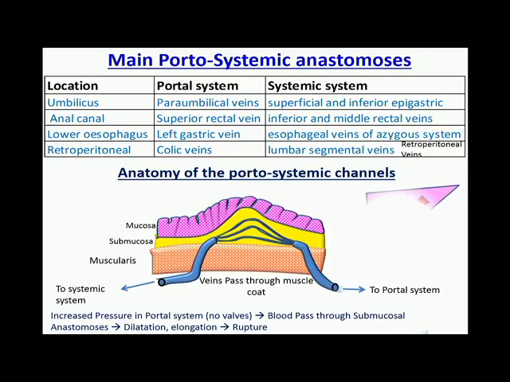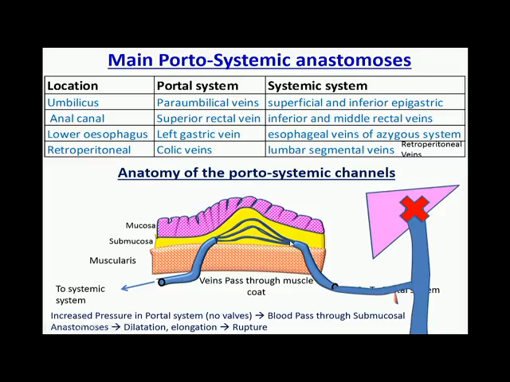Now, when there's a problem like this, assume that the patient has cirrhosis. What happens? There's obstruction to the portal vein. It will cause increased pressure in the portal circulation. Now, blood usually drains this way into the portal system. Because of the pressure, now blood passes through the portal system into these small capillaries within the submucosa.